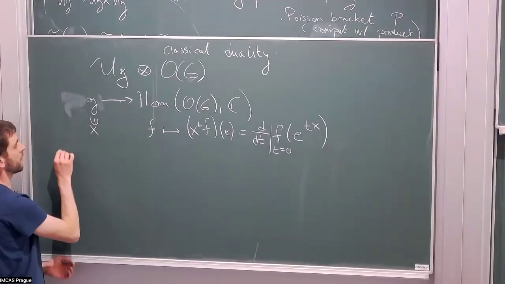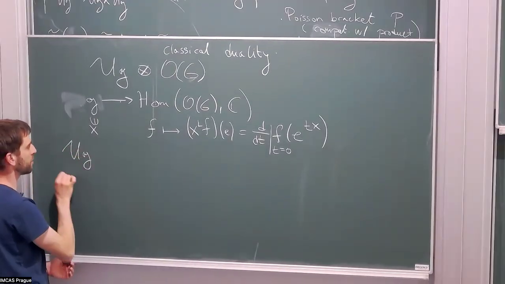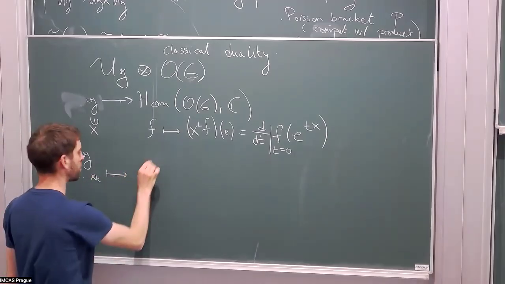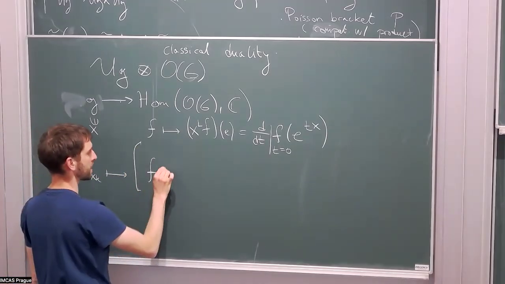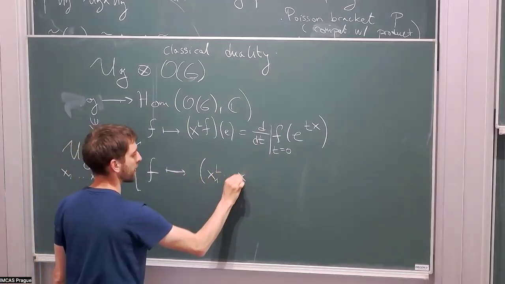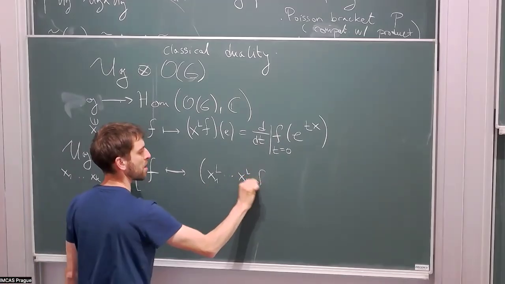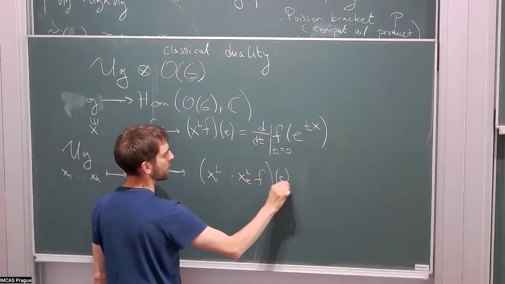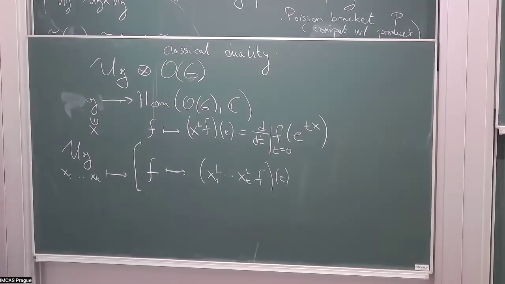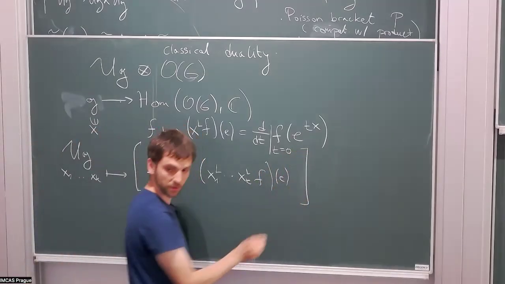If you start with UG and you have x1 until xk, you send it to a function which sends f to x1 L to the xk L of E. So we now act by a higher order differential operator.